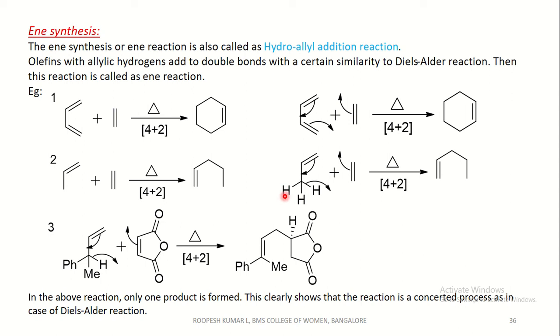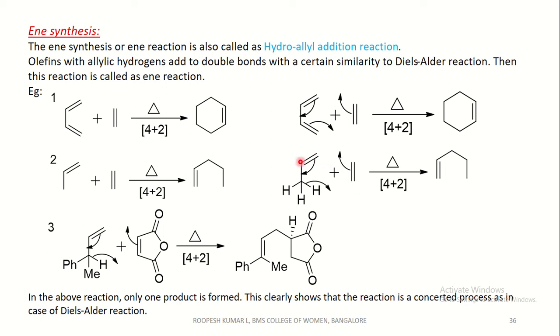These three are allylic hydrogens. This double bond shifts here to form a sigma bond. This double bond shifts to form a double bond with the elimination of a hydrogen ion. That is, the carbocation which is formed here, the hydrogen gets transferred to this carbon to form pentene.